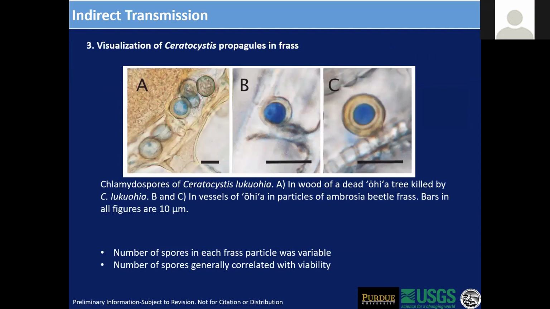So the third part was understanding the spore type that is present in frass. And so we found these round spores, which are called chlamydospores. And there was no other type of spore present in frass. Chlamydospores are a type of resting spore, and it was kind of unusual because we were expecting to find conidia.